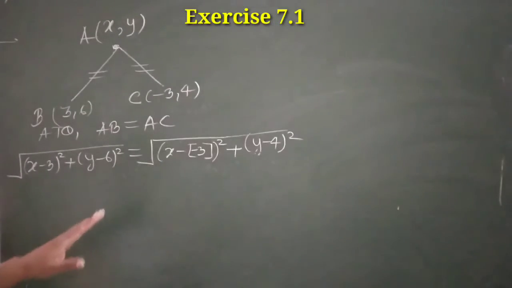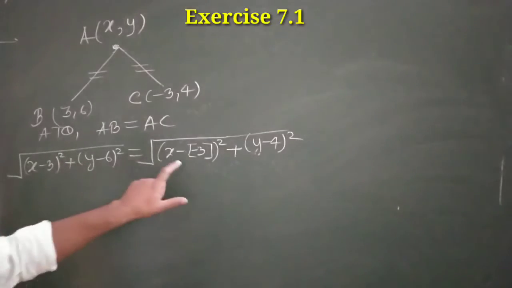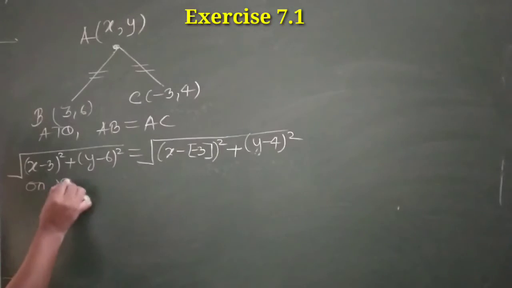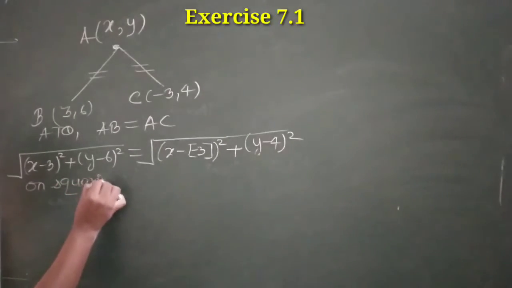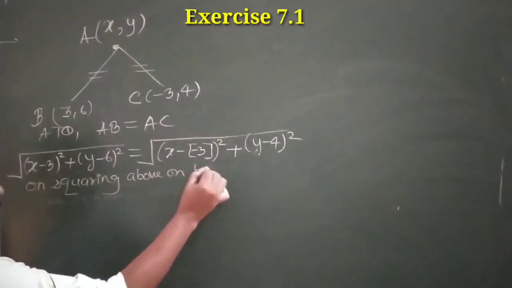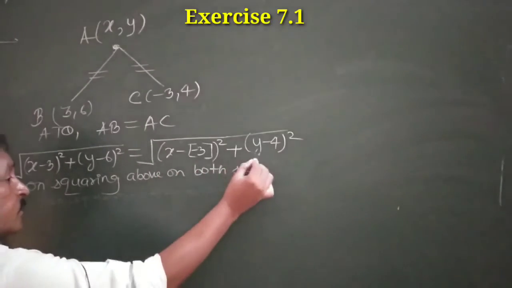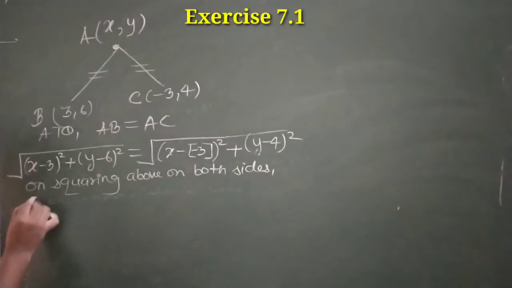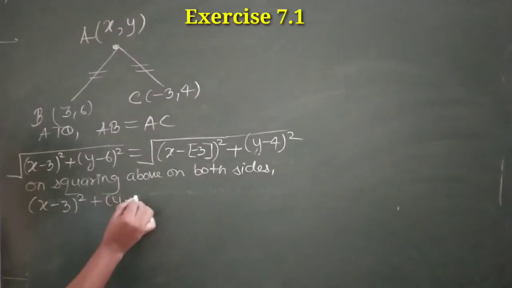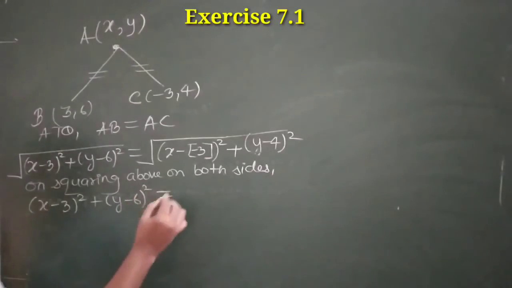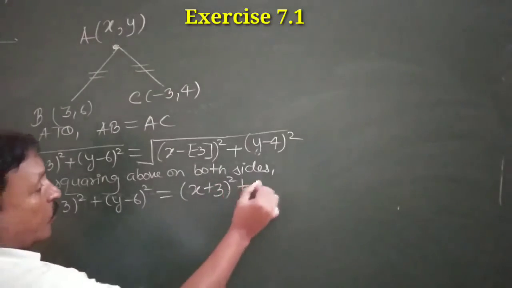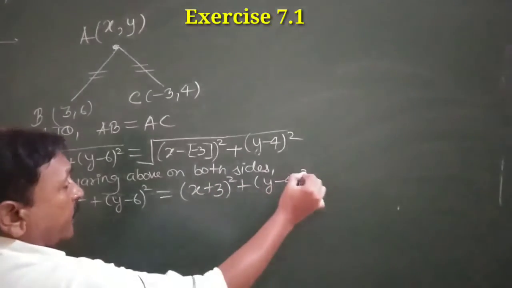So square root will be removed. Okay. On squaring both sides, so what will be left? x minus 3 whole square plus y minus 6 whole square equals x plus 3 whole square plus y minus 4 whole square.